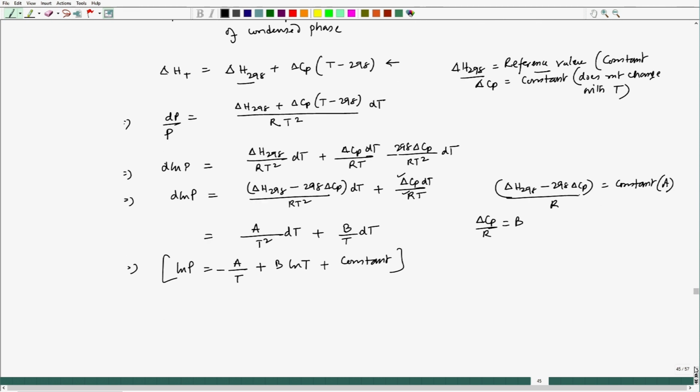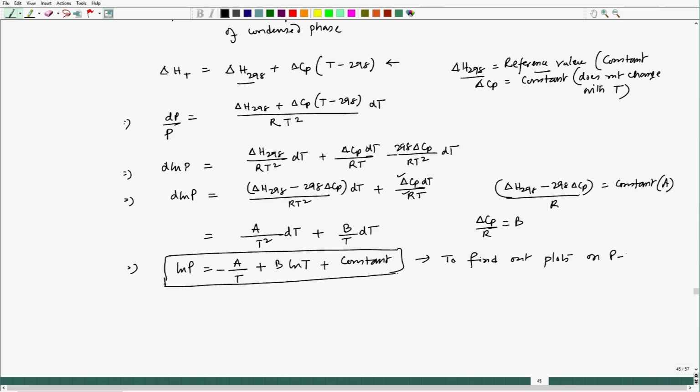This equation can be used to find plots in the PT plane, between solid-vapor as well as liquid-vapor, these two transformations.